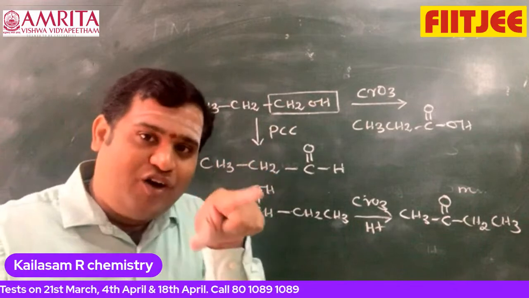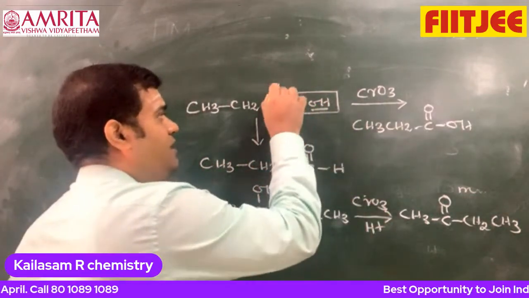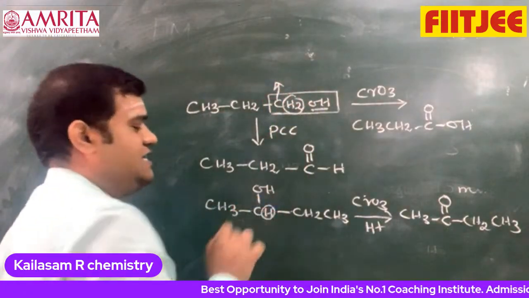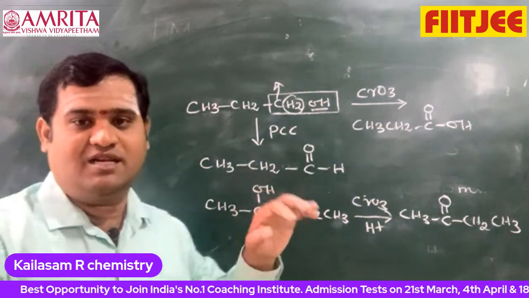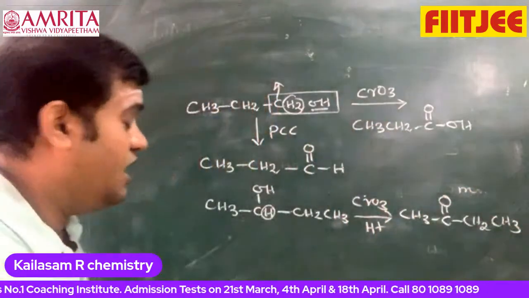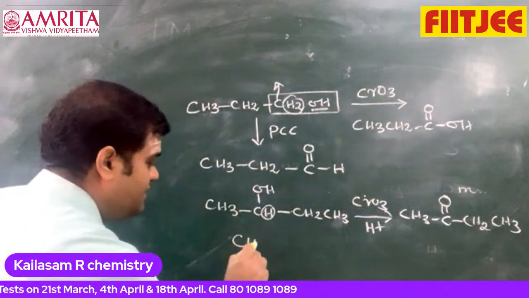So what is the condition for oxidation of alcohol? Very important: in alcohol, the alpha carbon must have hydrogen. Alpha carbon having what? Hydrogen. If hydrogen is there on the alpha carbon, oxidation takes place. That's the reason tertiary alcohol never undergoes oxidation, because there is no alpha hydrogen.